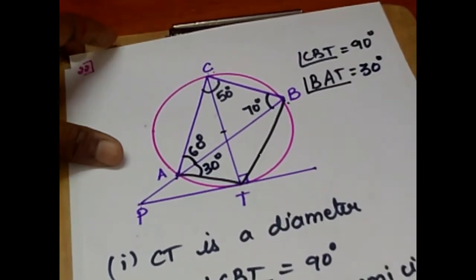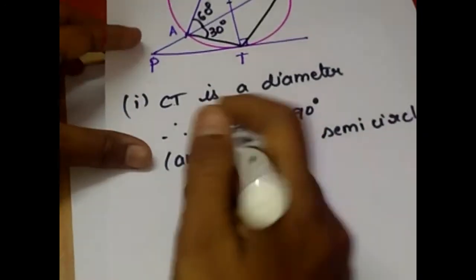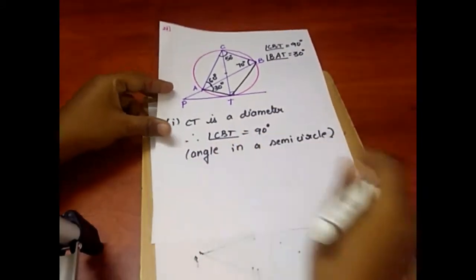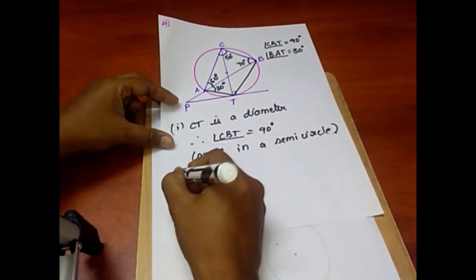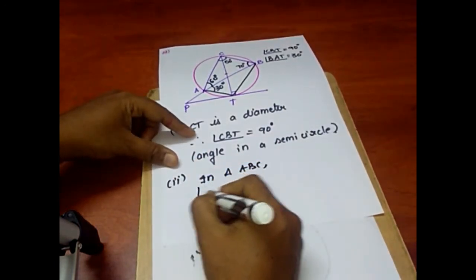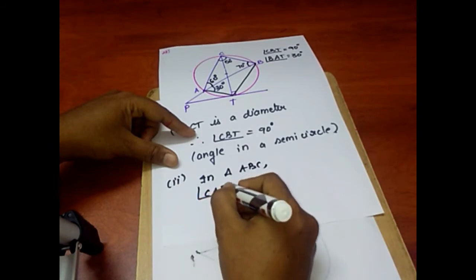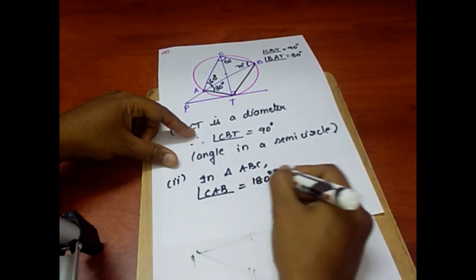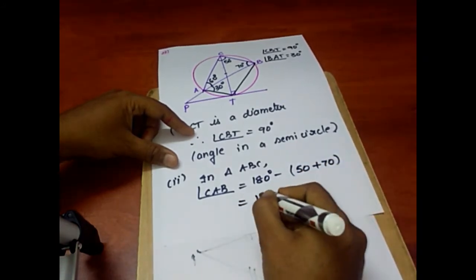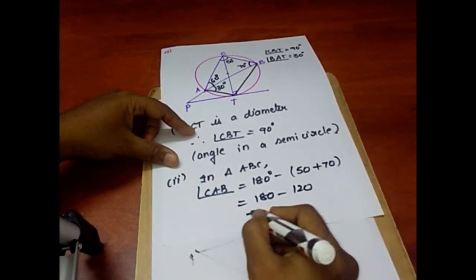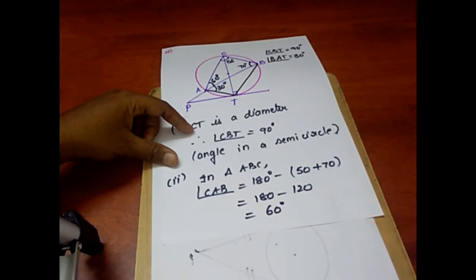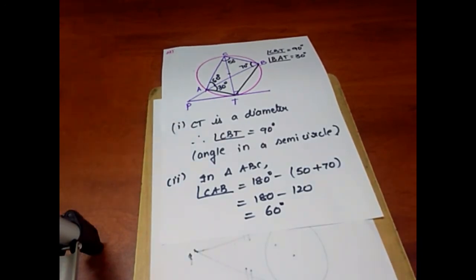Let us write the same. Point number 2. In triangle ABC, angle CAB is equal to 180 minus of 50 plus 70, that is 180 minus 120, which is equal to 60 degree. Write the reason, that is by angle sum property.